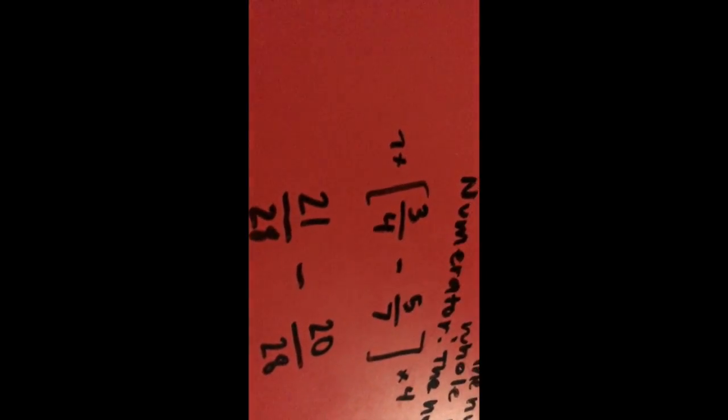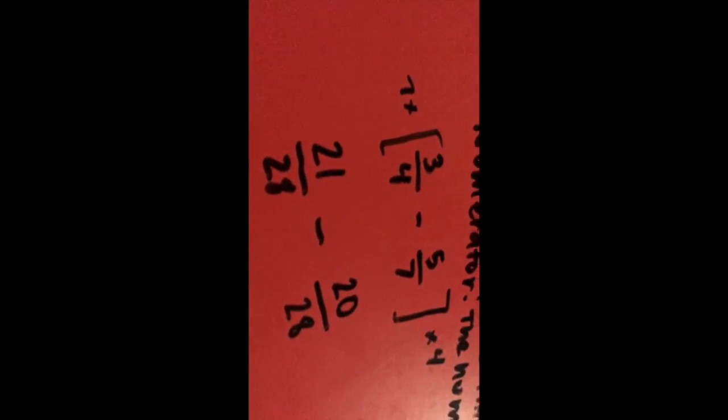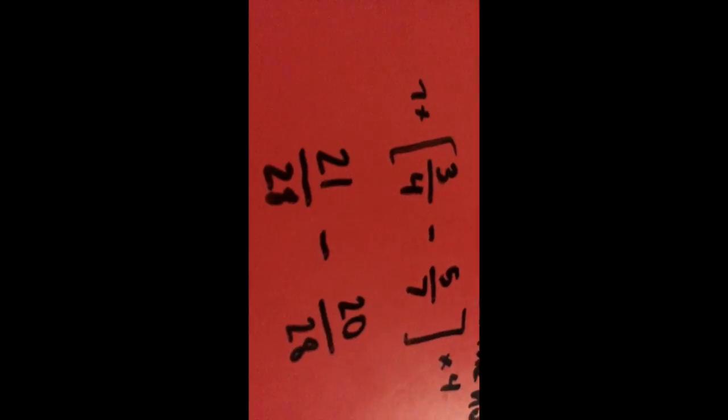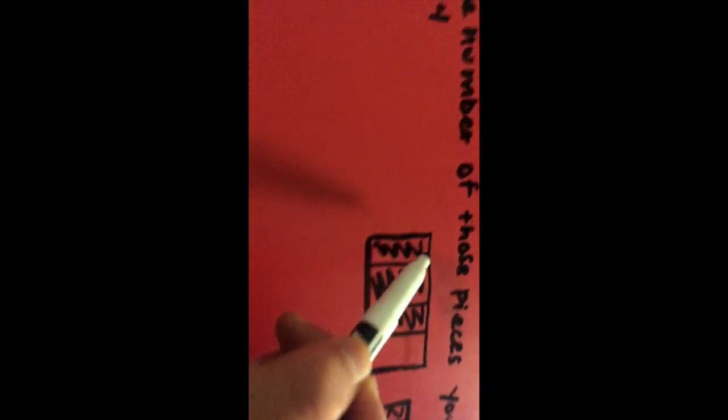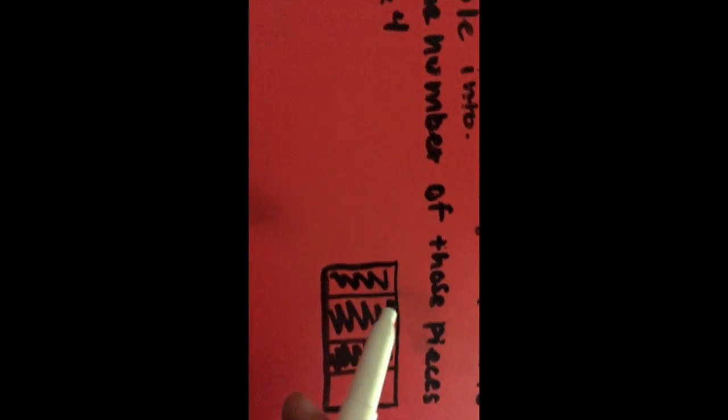But like what we did here, we are going to cut up our candy bar the same. So we multiplied 3/4 times 7, so we are going to cut this into 7, because that'll give you 28 pieces.